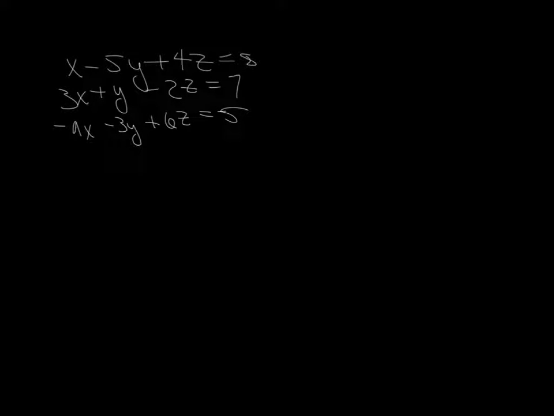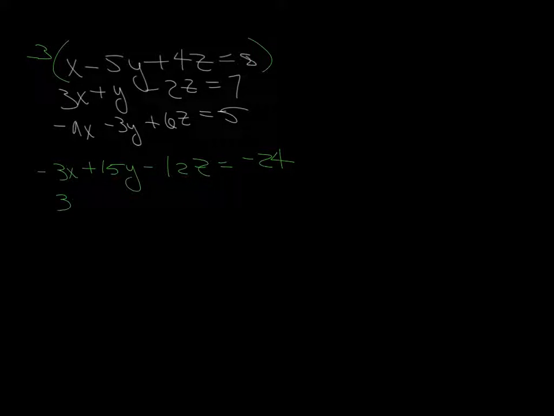So let's look at the first and second one. Since one has an x and one doesn't, we'll multiply this first one by negative 3. So we get negative 3x plus 15y minus 12z equals negative 24.